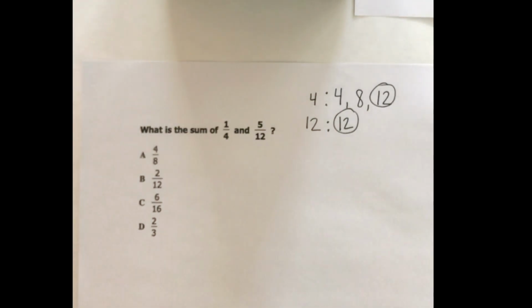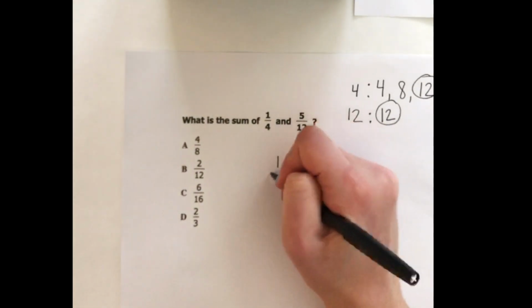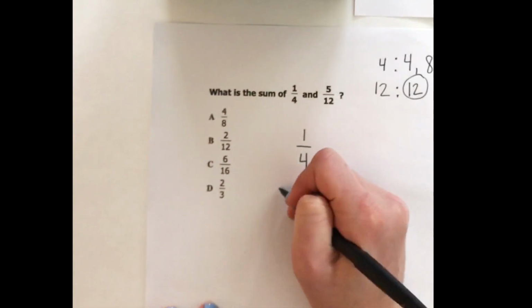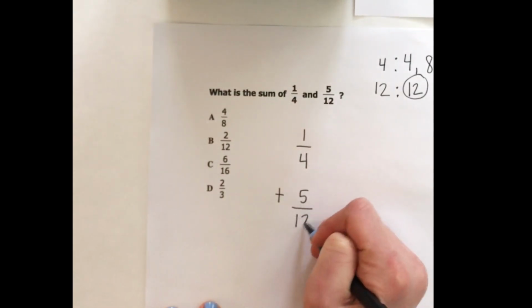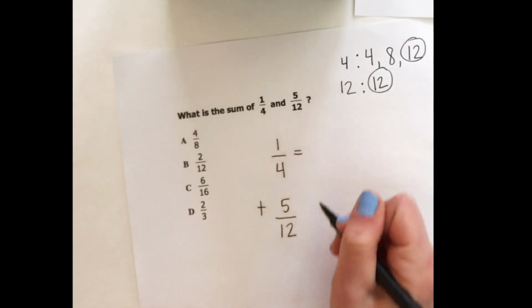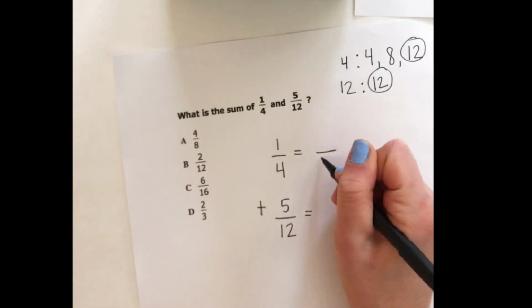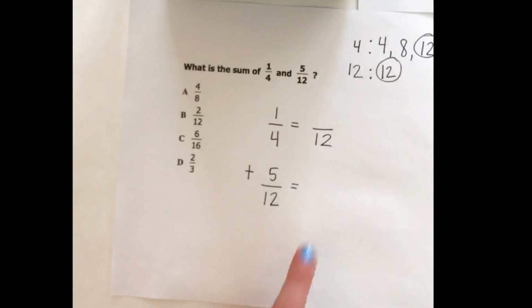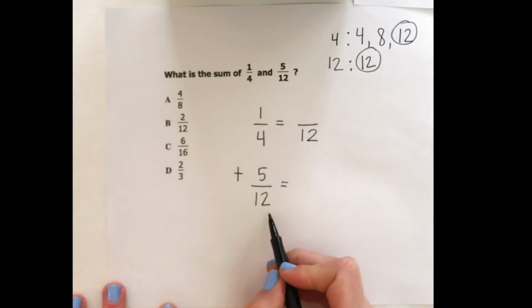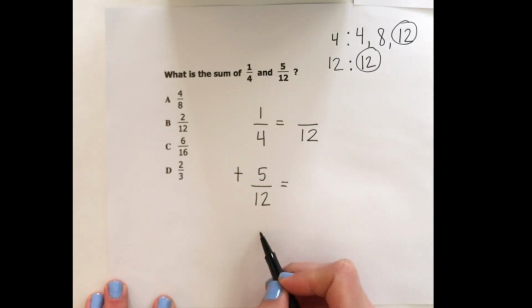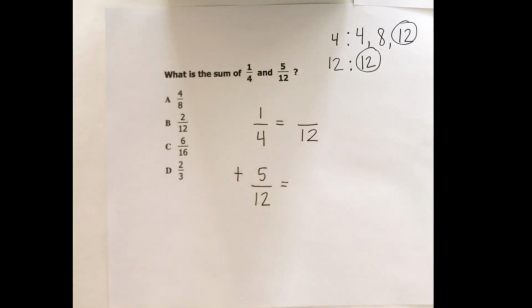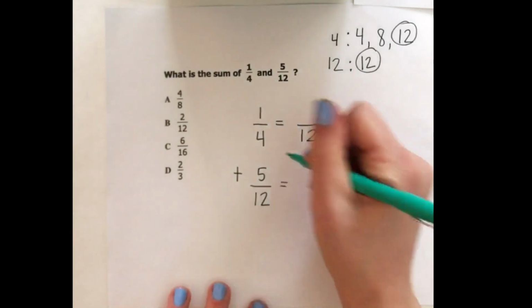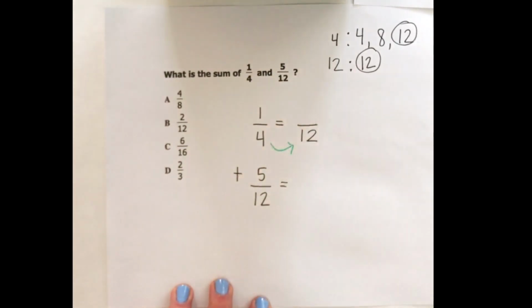So we're going to now rewrite those fractions. And it's going to equal something over 12 now. But I'm going to stop here because this one is already out of 12, which means I don't need to rewrite it. I only need to rewrite this fraction. And I'm going to think, what times 4 will give me 12?